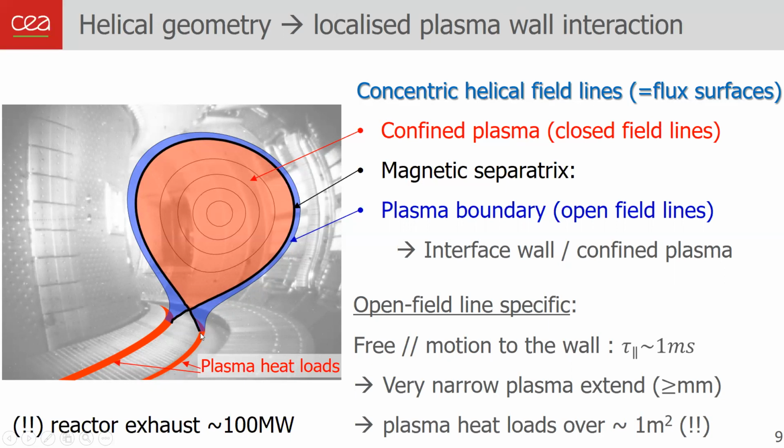The rough ordering is that we have about 1 square meter of wall which is wetted by the plasma, whereas in current experiments you have about 100 square meters of wall. In ITER or future reactors, you have 1,000 square meters of wall, but you still have only 1 square meter wetted. You still have to exhaust 100 megawatts in a reactor over 1 square meter. You see, you exceed the 10 megawatt per square meter limit that the technology allows.